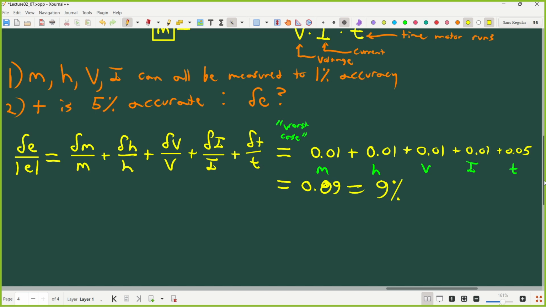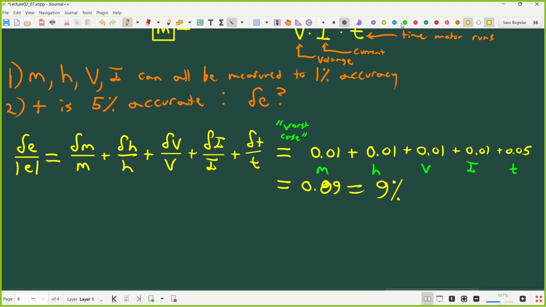Okay, so what about if we do it properly? As I said, this is the worst case. So technically, on average, we should be doing better with our certainty on E, excuse me, because we need to take some square roots. So let's try that again in quadrature.